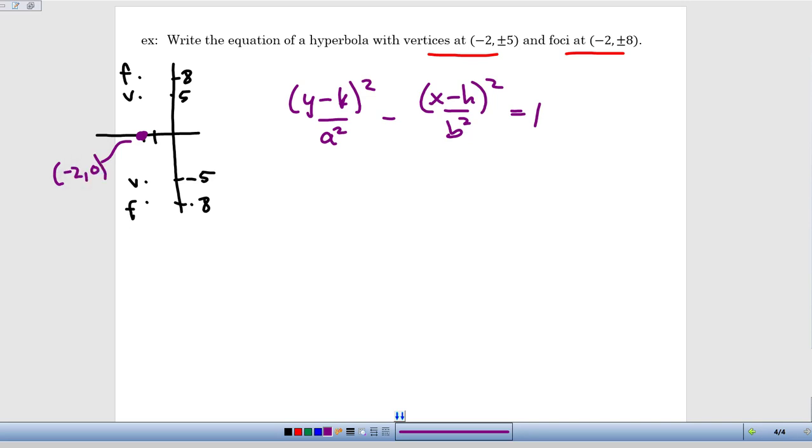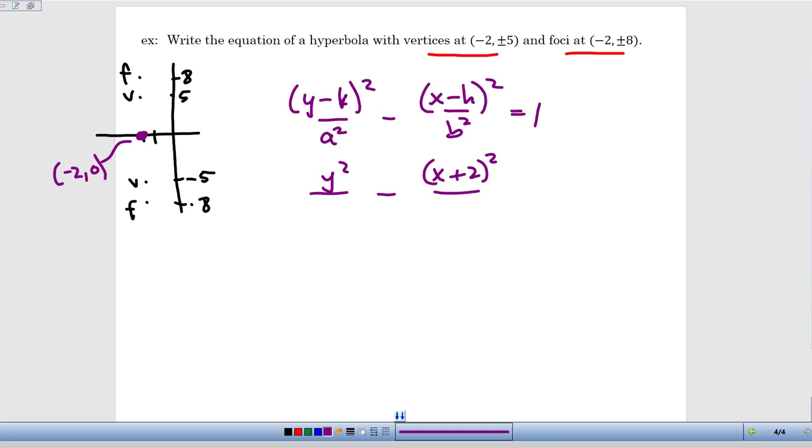So as I fill in the information, I've got y minus 0, or we can just leave it as y squared, and then x minus -2 becomes x plus 2 squared. So we've plugged in the coordinates of the center.